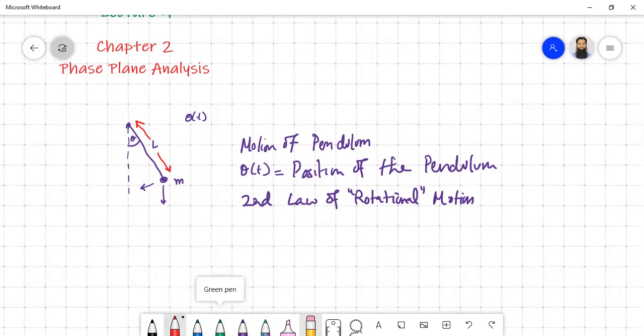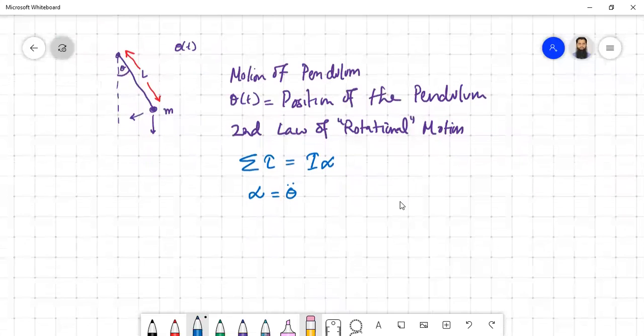So now, the second law of rotational motion says the summation of the torque should be equal to the moment of inertia times the angular acceleration. So what is alpha? Alpha is theta double dot, the double differentiation of the angular position. Then what is I? Inertia, m into length square, so mL squared. And the torque that we have here, actually only one torque is available, and that is the gravitational torque.